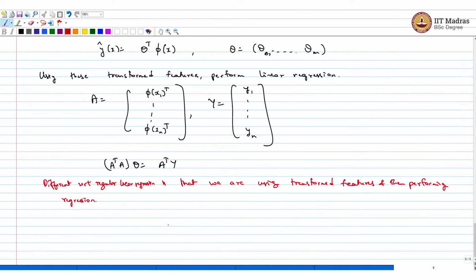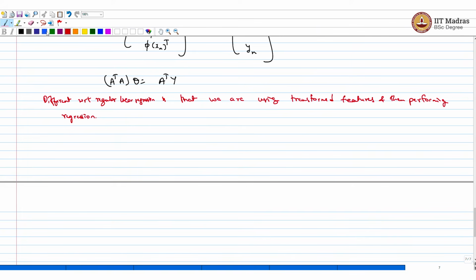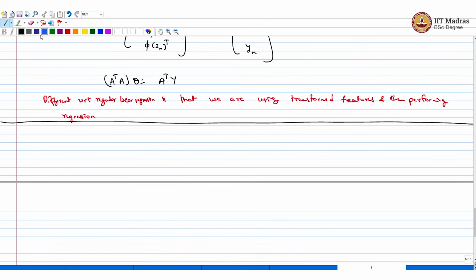Okay. Now the last topic before I end this unit is a very short remark, which is the regularized version of linear regression.